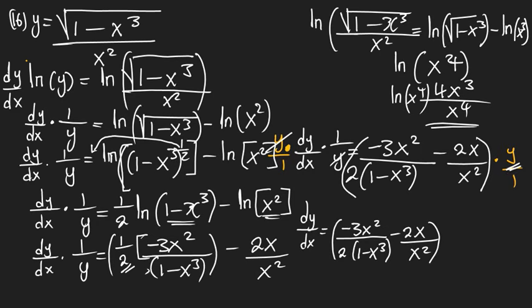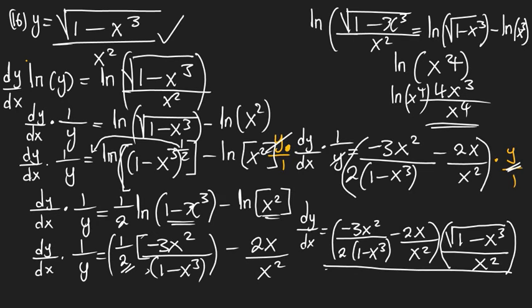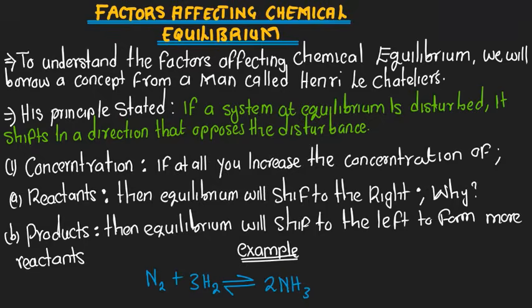Then because you've got the y there, you bring back the function, square root of 1 minus x to the 3 all over x to the power 2. And that gives you the final answer. That's how you find the derivative of such a function. It's actually very, very simple.